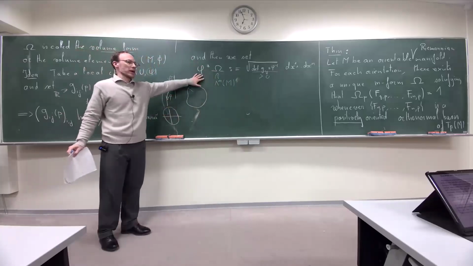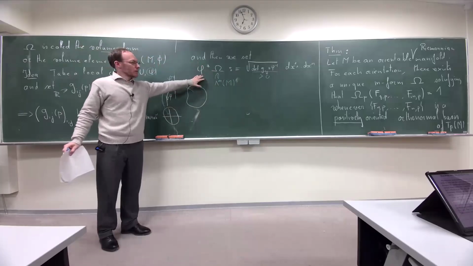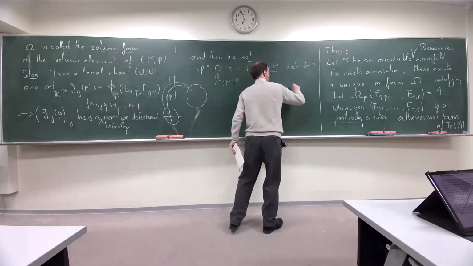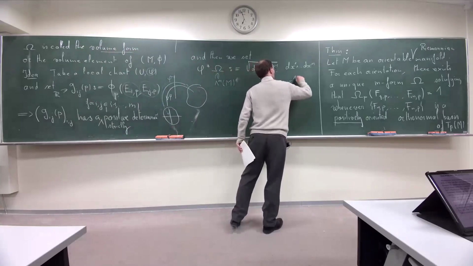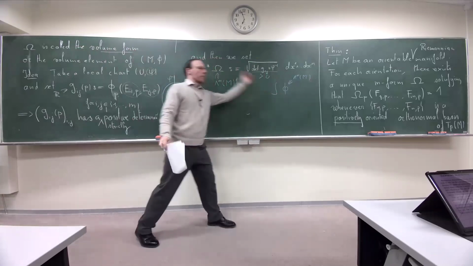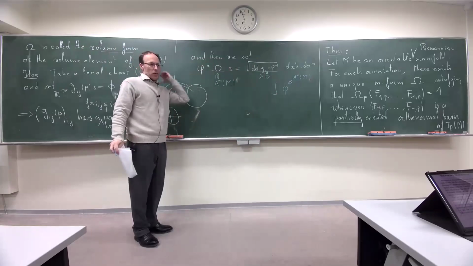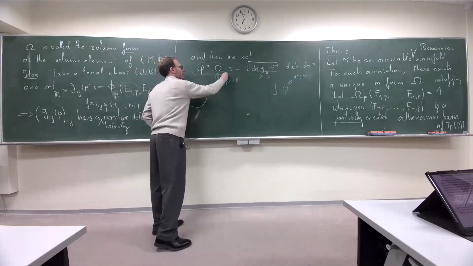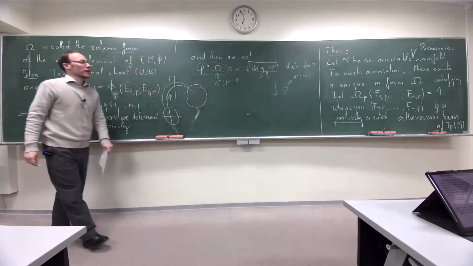Why is this one important? Because remember, when I defined the integral of phi, which was an m-form, we had to bring this back to Rm, and it was a usual integral on Rm. So the important object is this one, because this one lives on Rm.